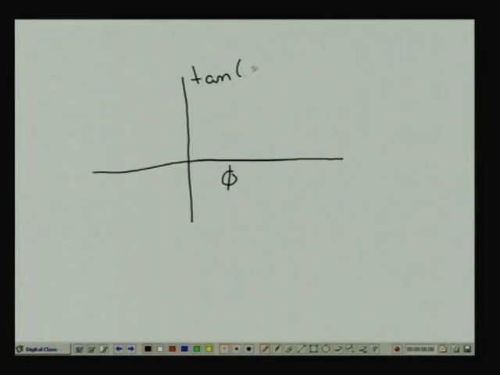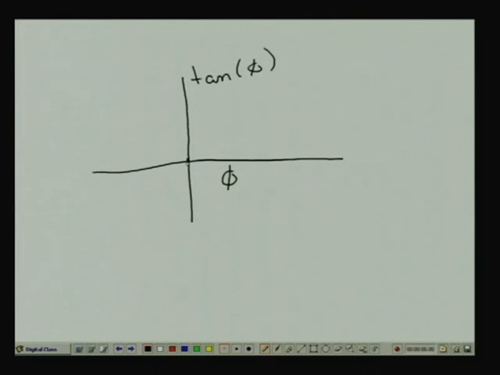So, if you look at the behavior of tan, this is the phase phi and this is tan phi. In our situation tan phi starts from 0 and then it becomes negative.